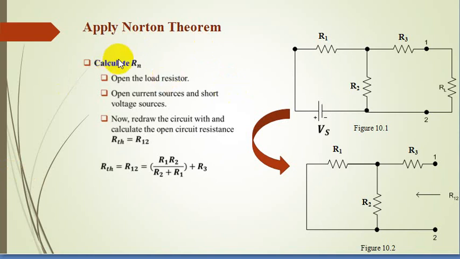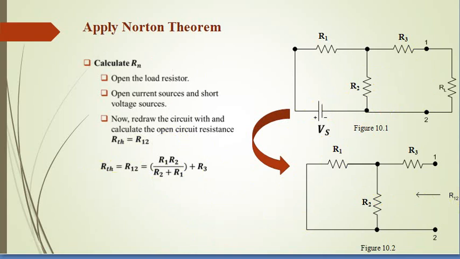So the Norton resistance calculation is the same as we have done with the Thevenin theorem. So here are the same steps in these slides. Remove the RL, short circuit the voltage source, then you are supposed to see the Thevenin resistance from here. So here is your R Thevenin, or you can say the RN, R Thevenin, these are the same things.